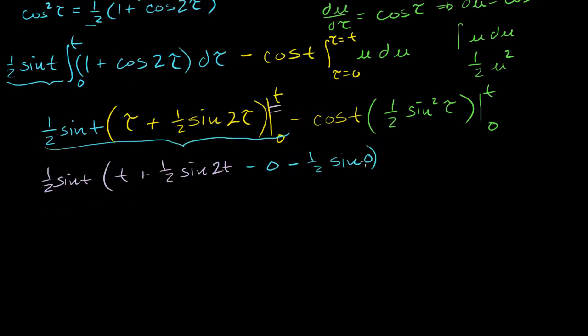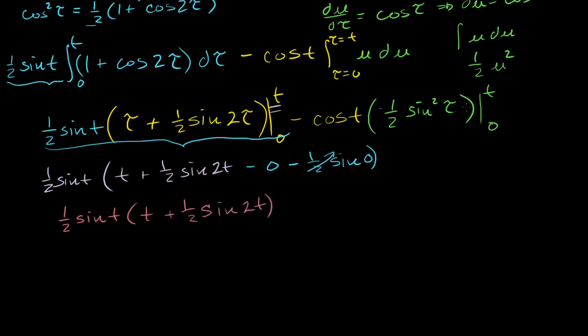Well, sine of 0 is 0. So this is all 0. So this first integral right there simplifies to 1/2 sine of t times t plus 1/2 sine of 2t.